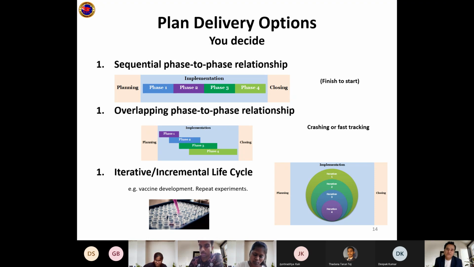So the main benefit of overlapping phases is that you can do multitasking, because at any point of time multiple tasks are going on, and therefore the project can be delivered quicker and faster.